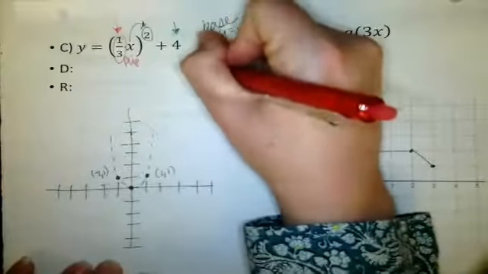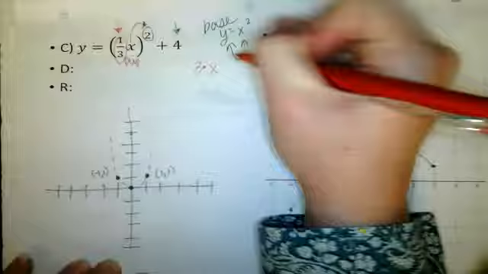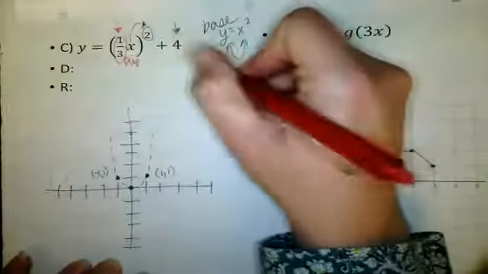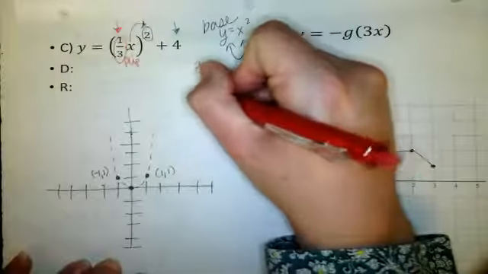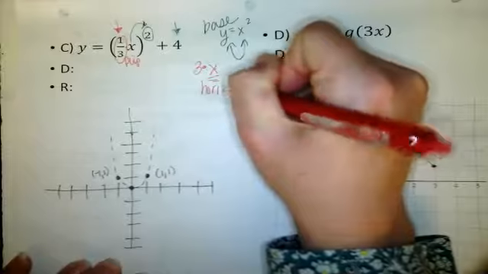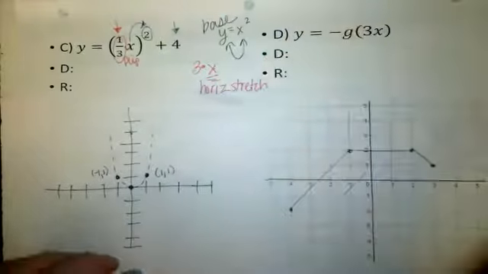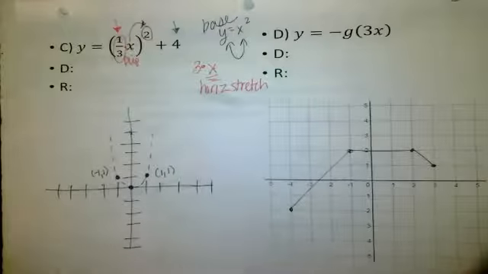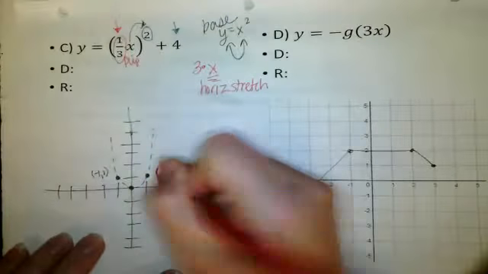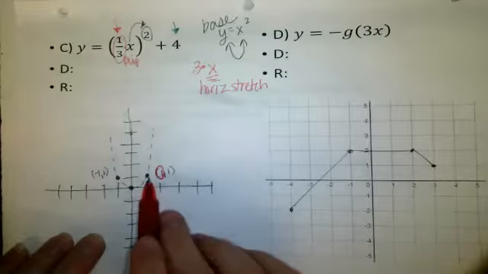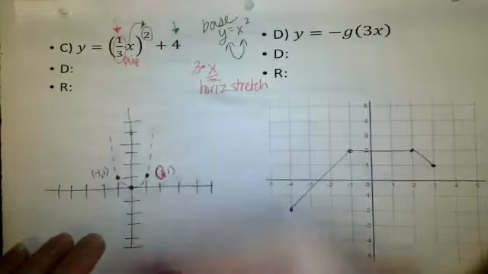So that becomes 3 times the x coordinate. That's going to take your x values and make them 3 times larger. That's going to be a horizontal stretch because we're getting larger values. So this graph is going to get pulled outward horizontally. So I want to look at my x coordinate. We were at 1, 1. What does that point transform into? 3, 1.